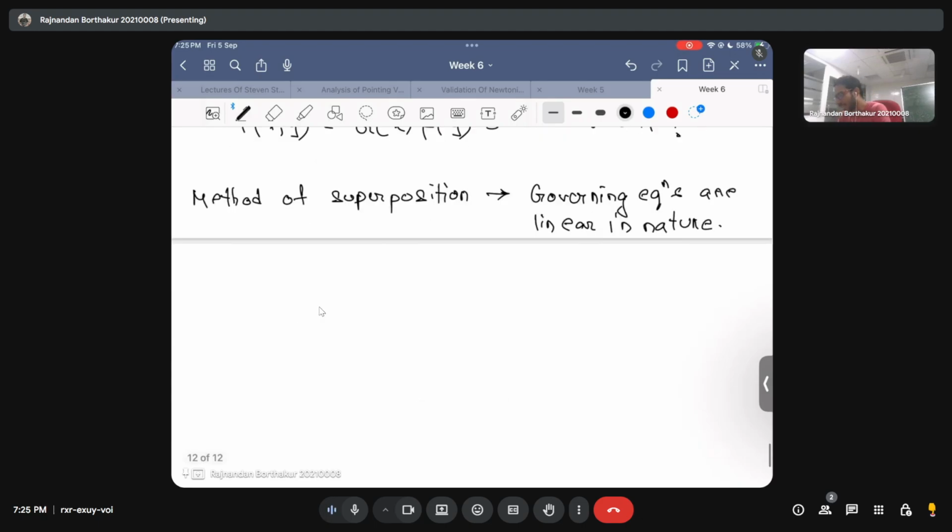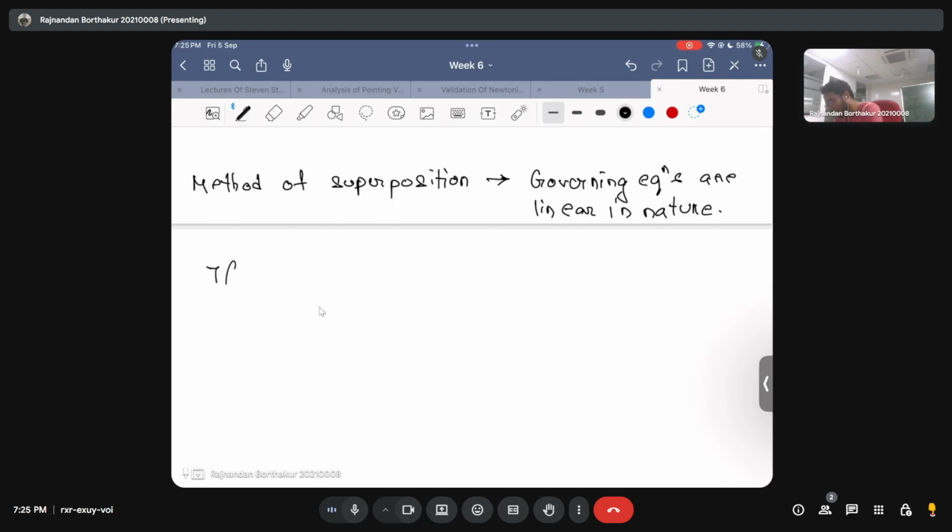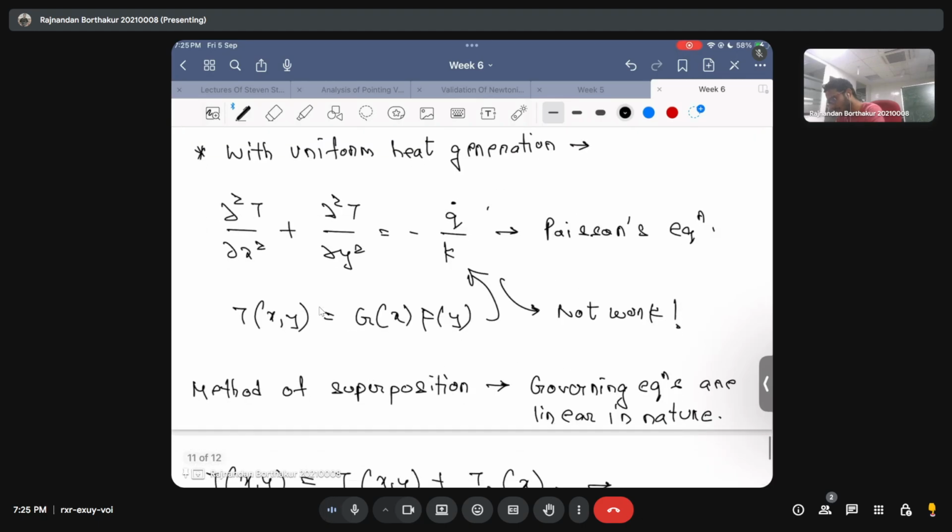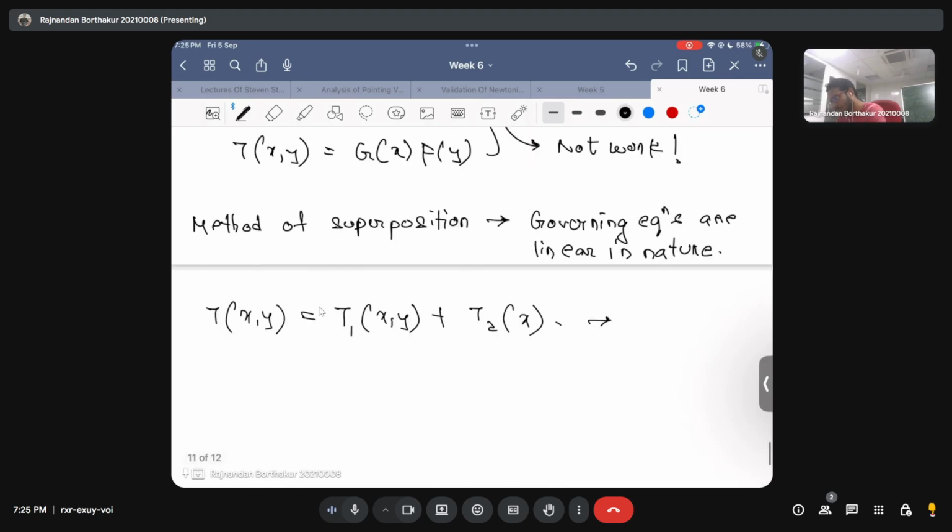Okay? So what the method of superposition does is, I will write my T of x,y as, let's say, a term T1 of x,y plus a T2, which is just a function of x, basically. Okay? And then maybe I'll call this equation 1, and this equation 2.